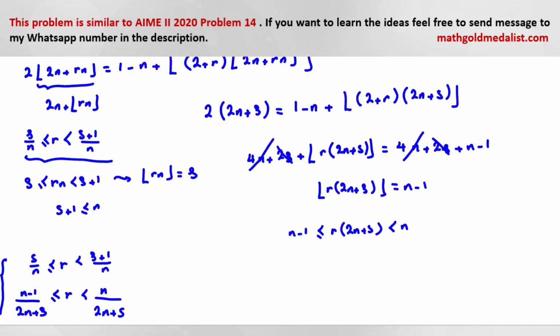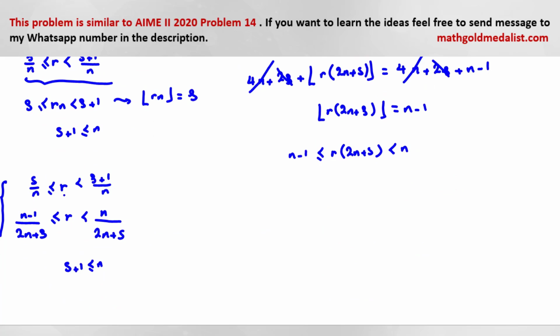So we said if r is from this to this, then we have these two inequalities. For example, do you agree we can say n minus 1 over 2n plus s is less than this one?